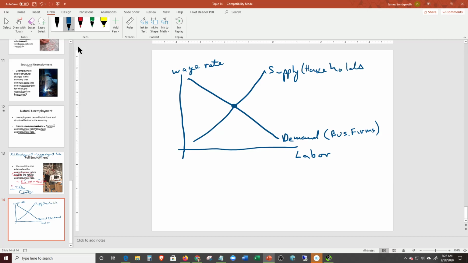Now, we're in equilibrium, say this wage rate and this amount of employment is full employment. So where the quantity of labor supplied equals labor demanded at the equilibrium wage.